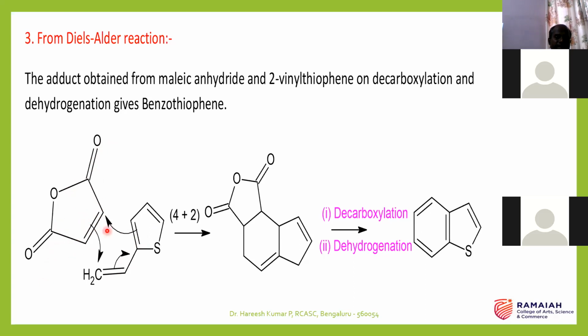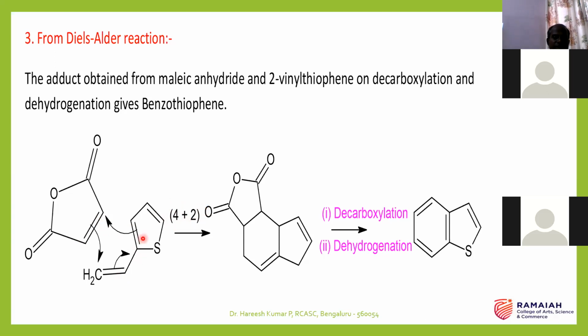The reaction of diene and dienophile is called a pericyclic reaction. More particularly, this is a diene with 2 electrons and 2 electrons, so 4 pi electrons, and here 2 electrons. So it is a 4 plus 2 pi electron system cycloaddition.